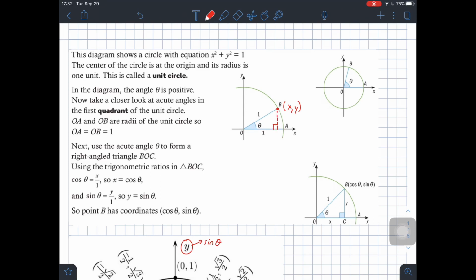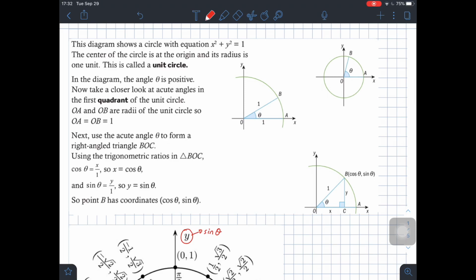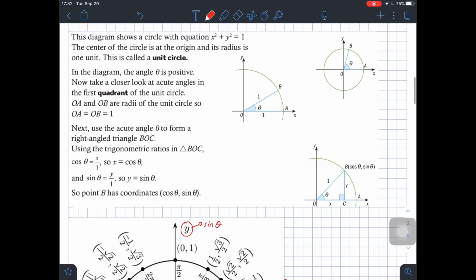So from this triangle, we could say that x squared plus y squared is equal to 1. The center of the circle is at the origin and its radius is 1 unit. This is what we know as a unit circle. So here we repeat the definition of a unit circle. In the diagram, the angle theta is positive, right? We're moving from the x-axis counterclockwise until we get there.